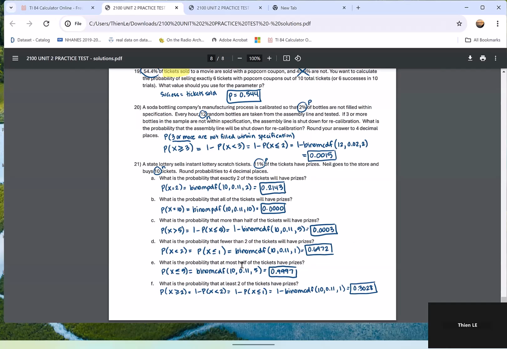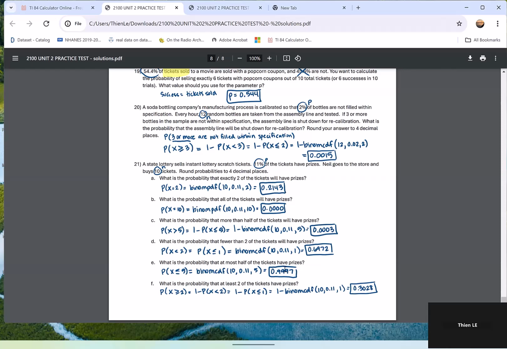What's the probability that at most half the tickets, at most half, which is no more than 5, right? Which is less than or equal to 5, which you already got here. 0.9973, right? You don't even need to calculate this, you just do a complement, right? More than half and at most half are complements.